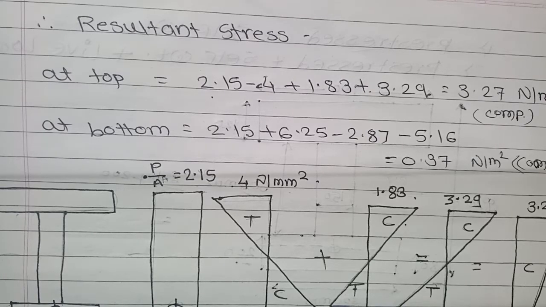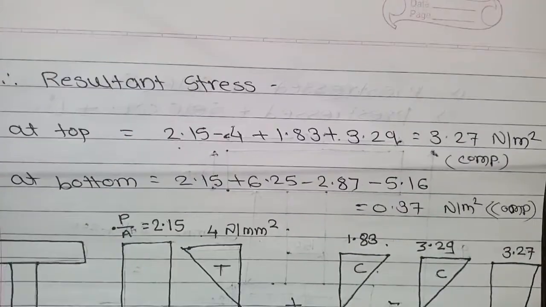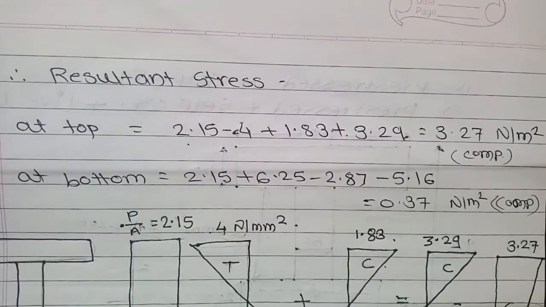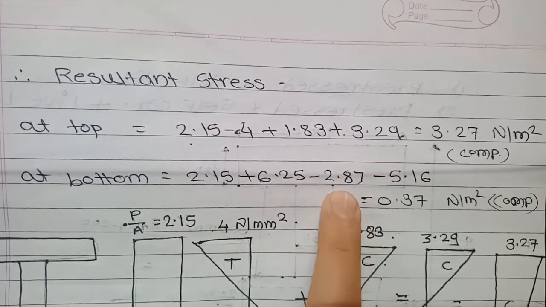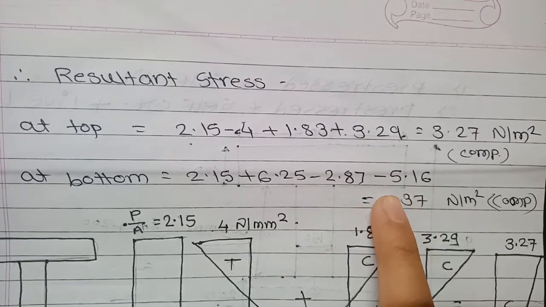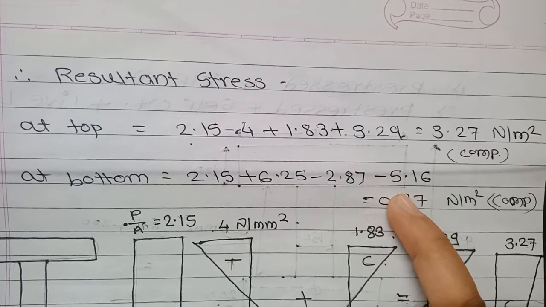Positive is compression. Now the resultant stress at bottom equals the addition of these four stresses, that is stress due to pre-stressing force plus stress due to eccentricity minus stress due to self-weight of the beam minus stress due to live load, that is minus 5.16.